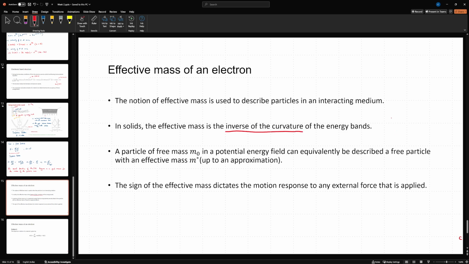So what is the curvature? Let me write it like this.